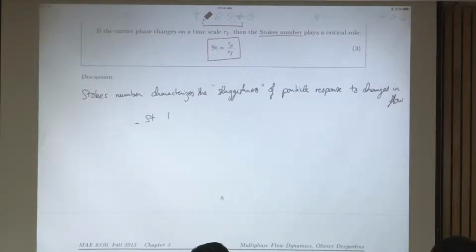So if the Stokes number is high, the particle responds very slowly to any change in the flow.